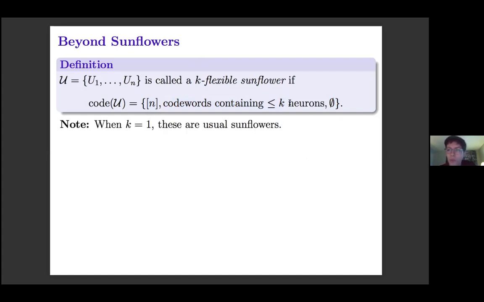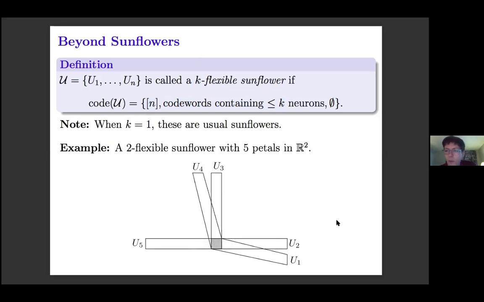When k equals 1, these are just the same sunflowers as before. Here's an example of k equals 2: a 2-flexible sunflower with 5 petals in R2, where the central region is just a square, and outside of that, the sets do overlap, but no more than 2 at a time. So I'm controlling how much overlap I get outside of the center.